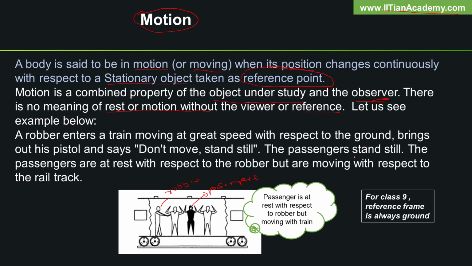The passengers stand still. The passengers are at rest with respect to the robber, but are moving with respect to the rail track. Passenger is at rest with respect to robber, but moving with train. For class 9, reference frame is always ground.